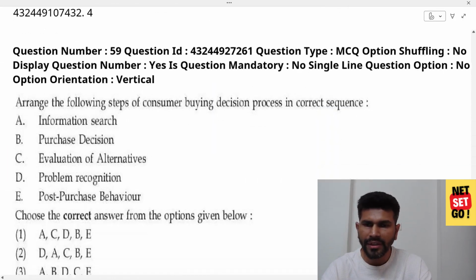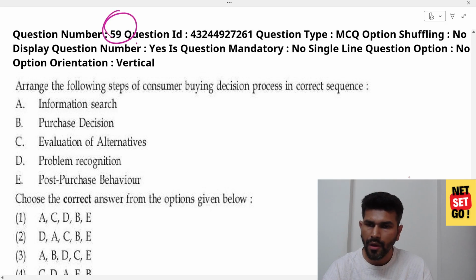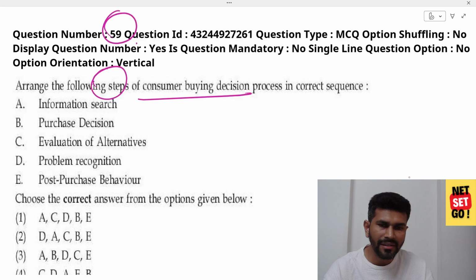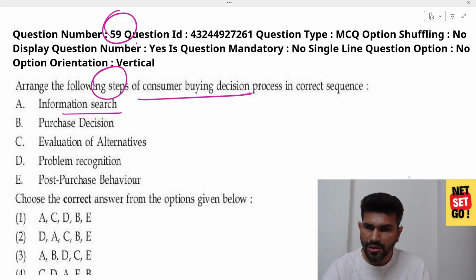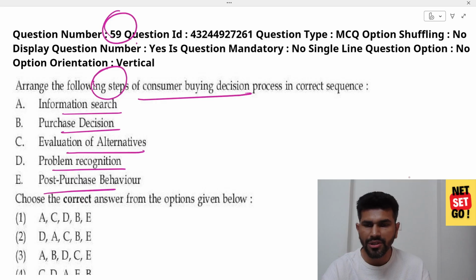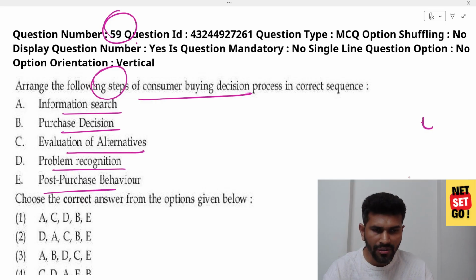Next, question number 59. Arrange the following steps of consumer buying behavior, buying decision process in correct sequence. Information search, purchase decision, evaluation of alternatives, problem recognition, and post-purchase behavior. So post-purchase behavior will be the last step and problem recognition will be the first step.